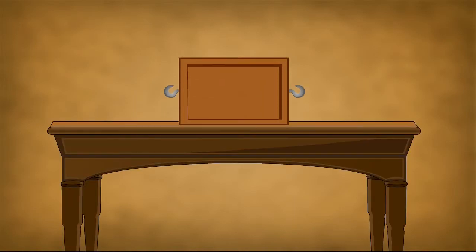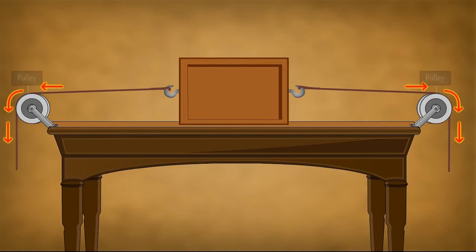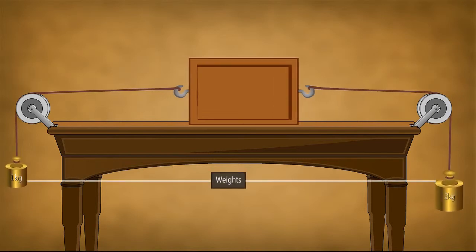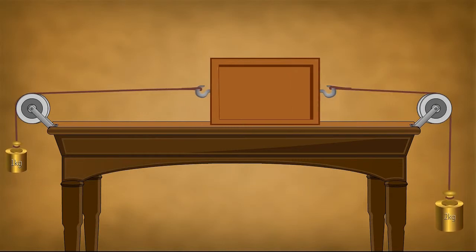Now, tie two strong strings or strands with the side hooks. Pass this thread over two pulleys attached to the edges of the table. Now, attach two weights of unequal magnitudes to the free ends of the threads.